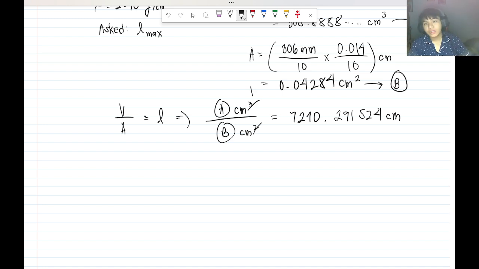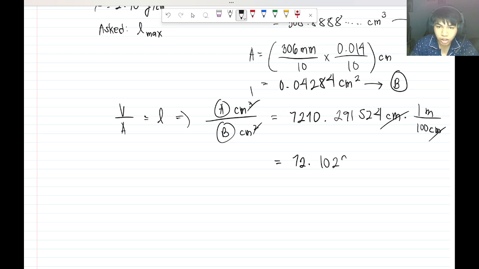And if you want to convert it into meters, I guess you'll just divide this by 100. Yeah, since 1 meter has 100 cm. This will cancel, and you have 72.1029.